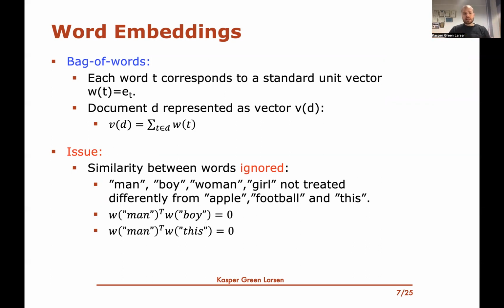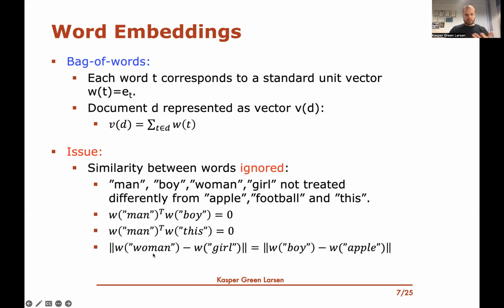And that's the same as the inner product between the vector representing "man" and the vector representing "this". Also, because they're all unit vectors, the distance between the vector representing "woman" and the vector representing "girl" is just the same as the distance between "boy" and "apple", even though you would in some sense think that "woman" and "girl" are more closely related than "boy" and "apple".